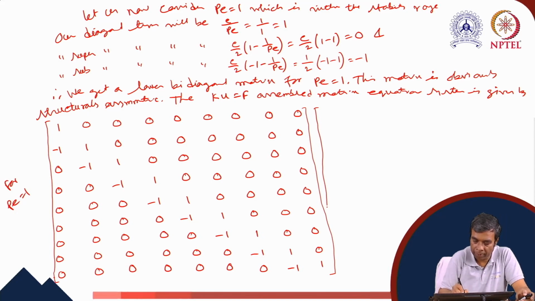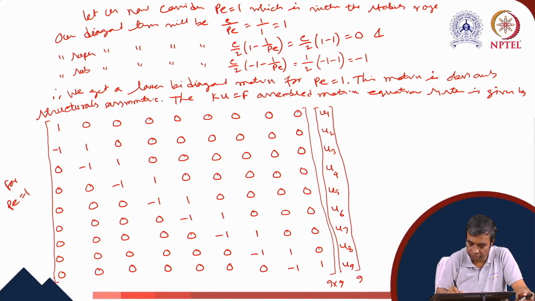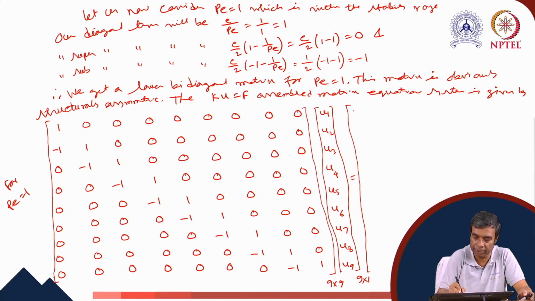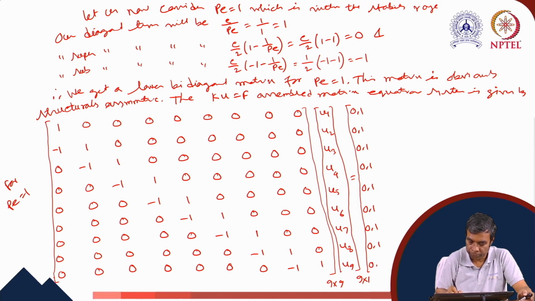Then we have our degrees of freedom as U1, U2, U3, U4, U5, U6, U7, U8 and U9. Then our degree of freedom vector we have mentioned. Now we have the load vector. This is a function of Peclet number. This load vector remains constant. So this is 0.1, 0.1, 0.1, 0.1, 0.1, 0.1, 0.1, 0.1, 0.1.